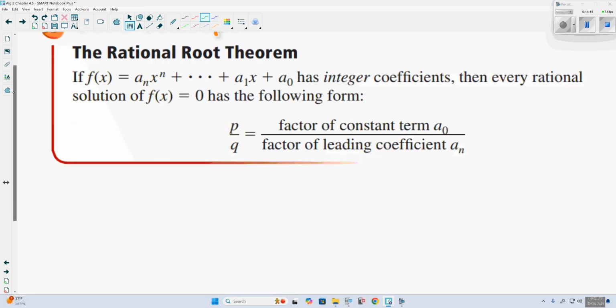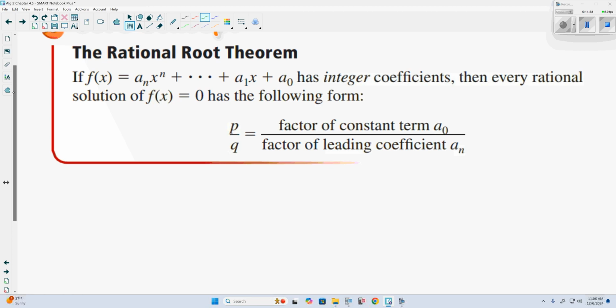Now the rational root theorem. Okay. Now I was getting this mixed up with the irrational root theorem. Rational root theorem. If we have a polynomial of degree n, that's all this thing is saying. If we have a polynomial with integer coefficients, numbers in front, then every rational solution, every solution that can be written as a fraction or in a whole number, an integer, a positive, negative number.